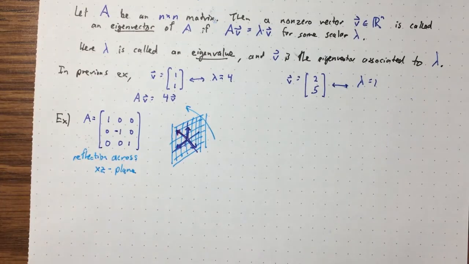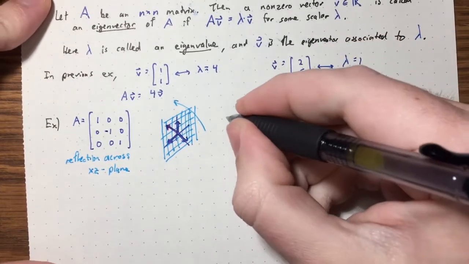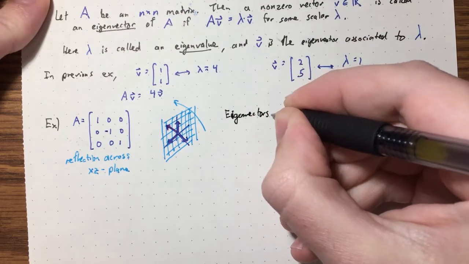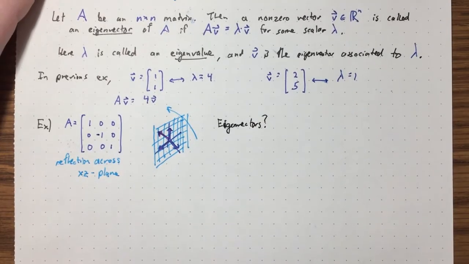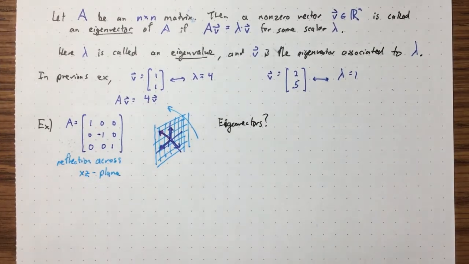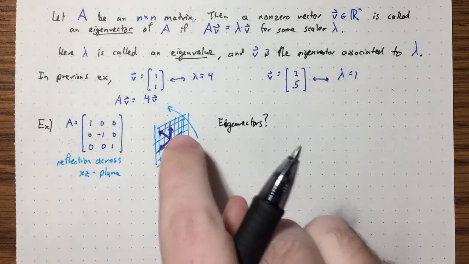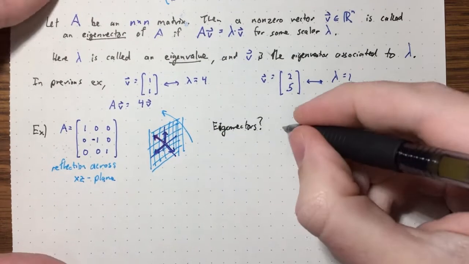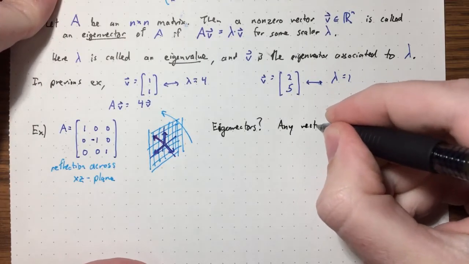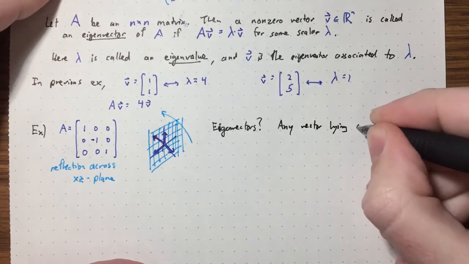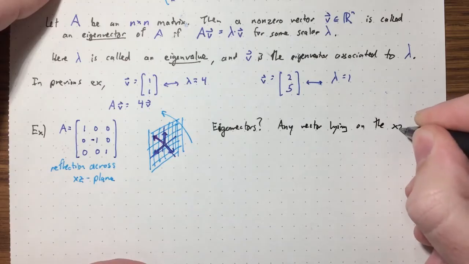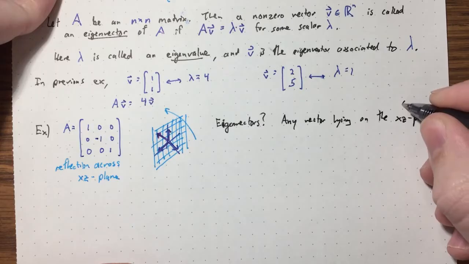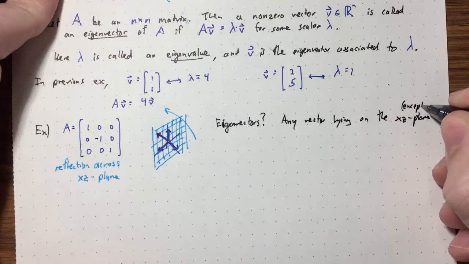What are the eigenvectors? Can we see what the eigenvectors are? Well, are there any vectors that get mapped to themselves? Yes, I mean there's a whole plane of eigenvectors here. Any vector lying on the xz plane, well, except the 0 vector.